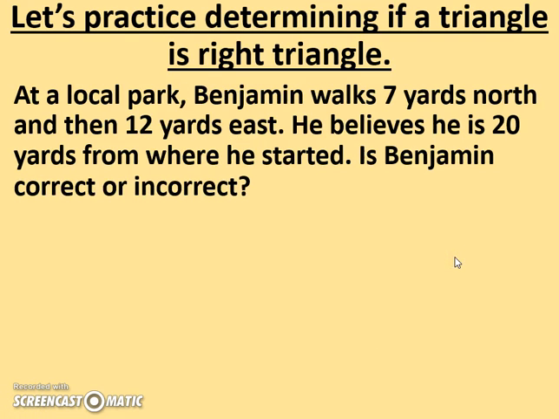Let's try another example, one in which you need to create a depiction of the triangle itself. So at a local park, Benjamin walks 7 yards north and 12 yards east, and he believes that he's 20 yards from his starting location.